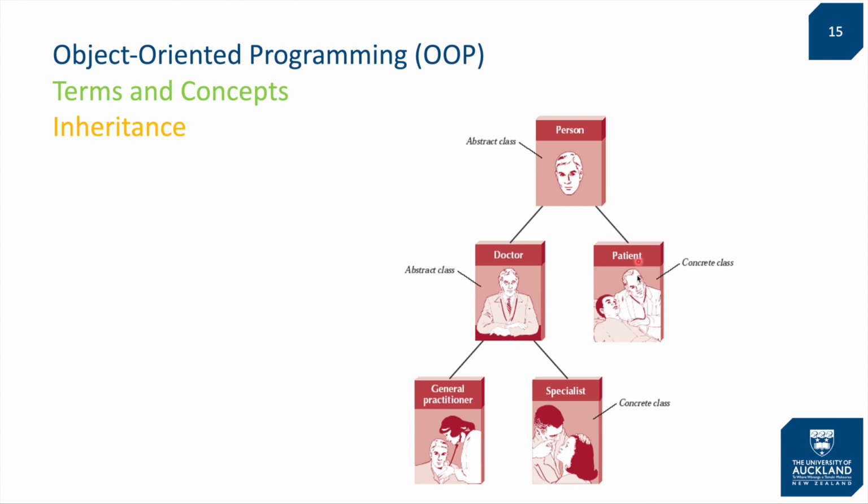So in this system, an object can be a concrete class. That means we can have patient objects, we can have specialist objects, we can have GP objects, but we cannot have person objects or doctor objects. So all we need to do is to mark these classes that are only available for inheritance but not instantiation as abstract.